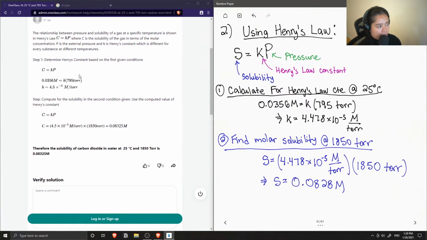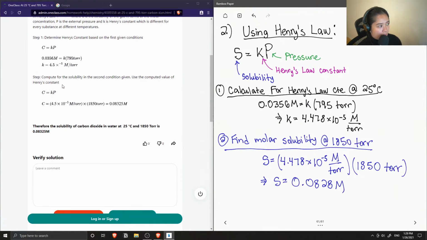Determine Henry's constant based on the first given conditions. Okay, so they have C is equal to K times 795 torr, and they got a K value of around 4.5 times 10 to the negative 5.